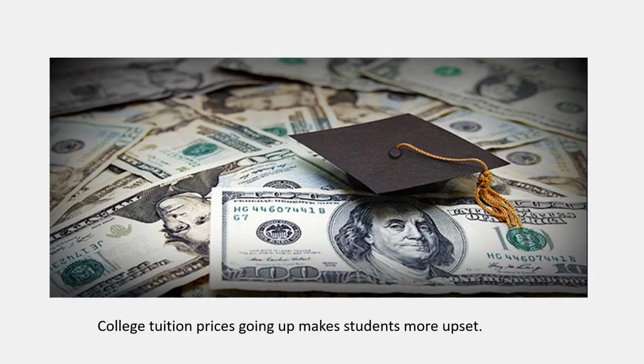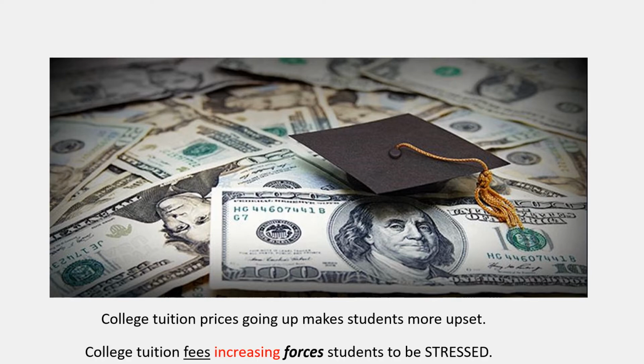So here is an example of how you can strengthen a sentence when you replace words with their synonyms. Here's the example. College tuition prices going up make students more upset. Now my sentence replaced with synonyms throughout the sentence states, college tuition fees increasing forces students to be stressed.